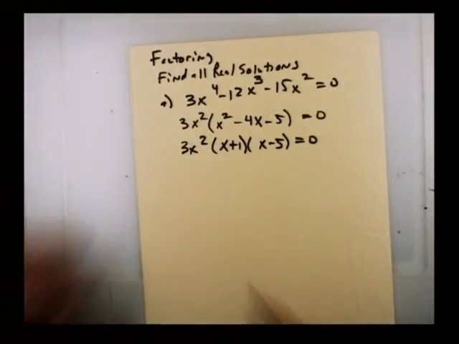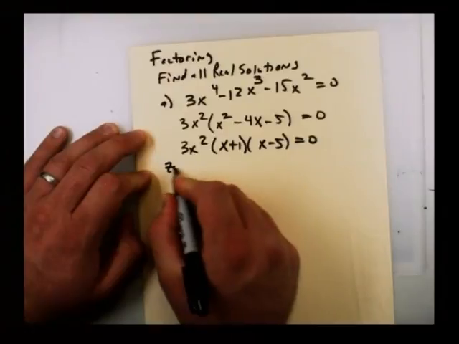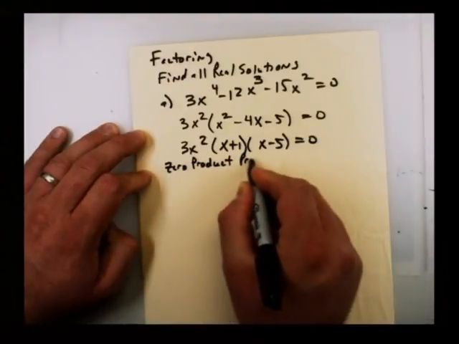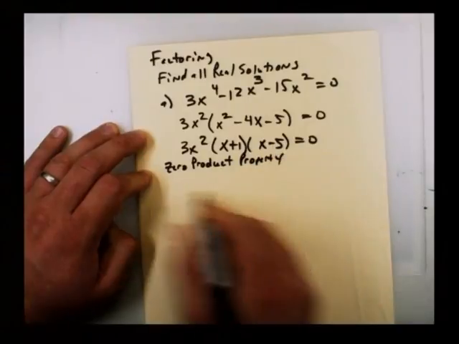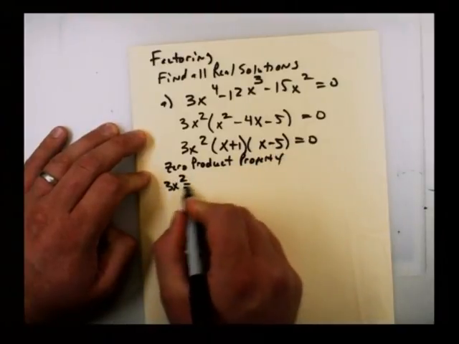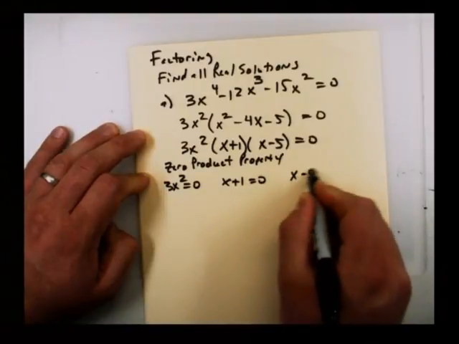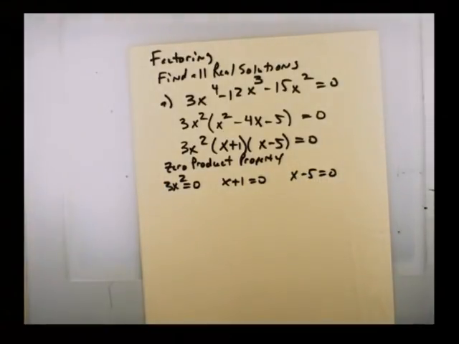Then what solutions do we get out using the zero product property? Well, if 3x squared is equal to 0, x plus 1 is equal to 0, x minus 5 is equal to 0.